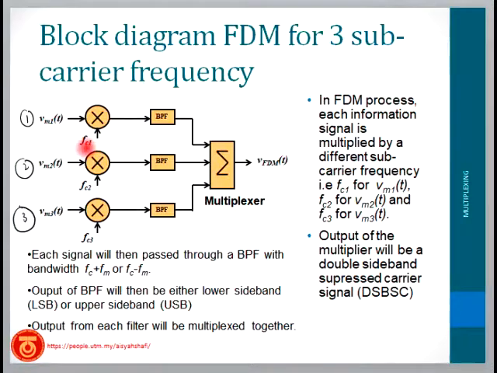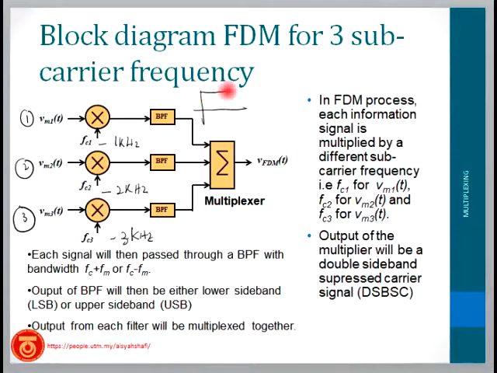For example, FC1 is multiplied with 1 kilohertz, FC2 with 2 kilohertz, and FC3 with 3 kilohertz. Each signal is then passed through a BPF with bandwidth of FC plus or minus FM.